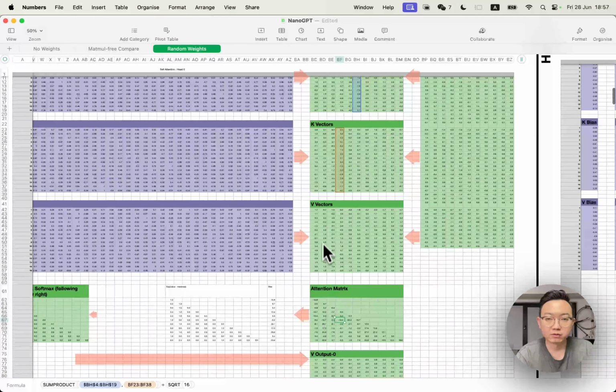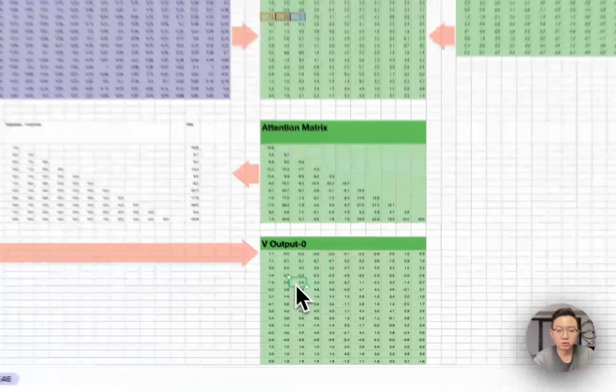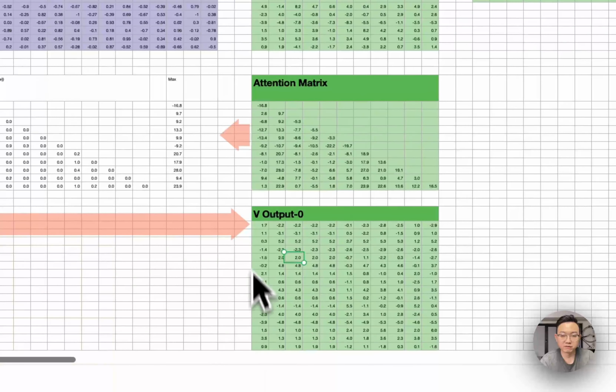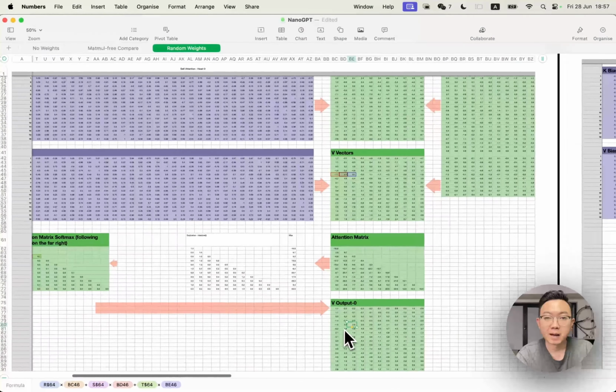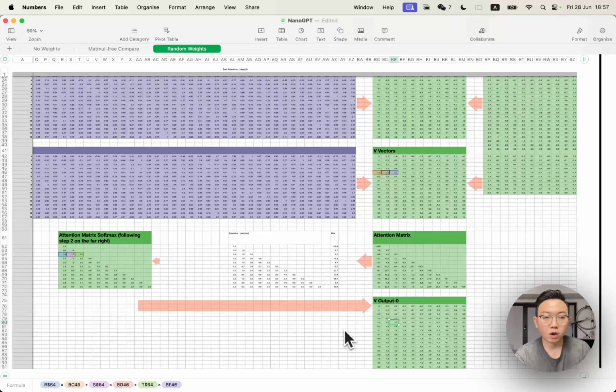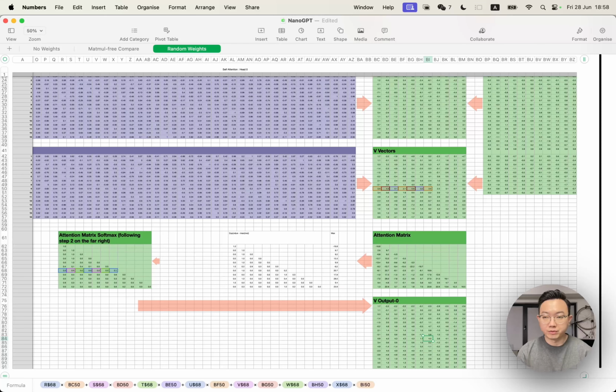And then the value vector is used in the last matrix, in the value output, by adding all of the previous information together and then inserting it into this new value output. So when you're playing with this spreadsheet, what you should be looking for is how they are influencing each other, right? Which column is influencing which row?